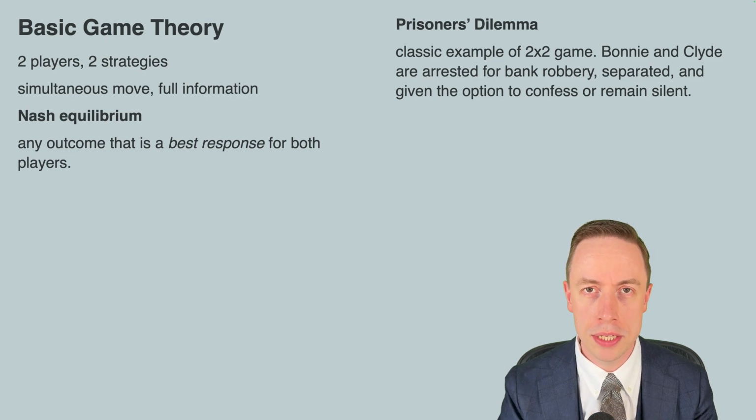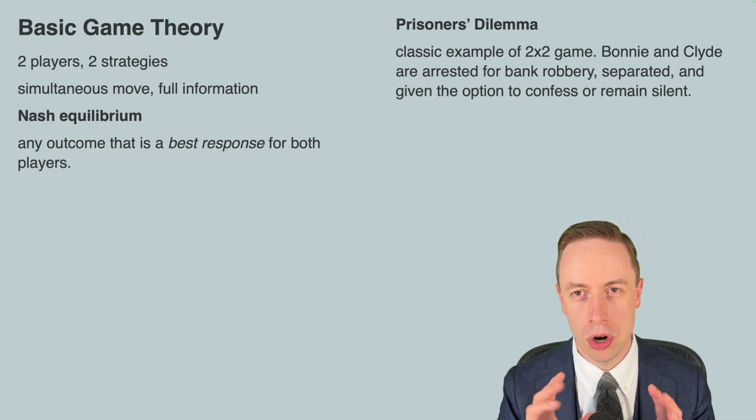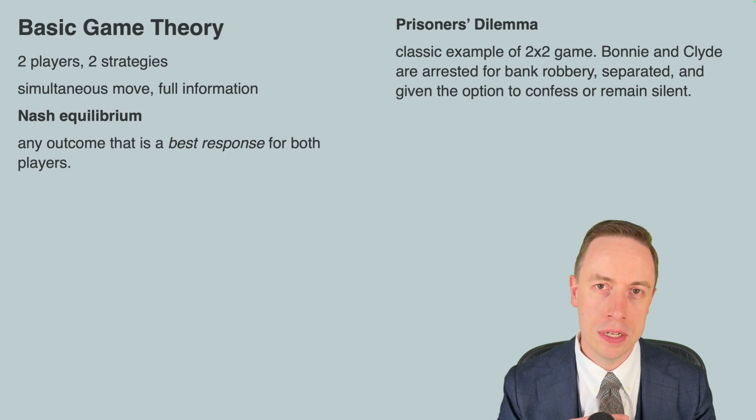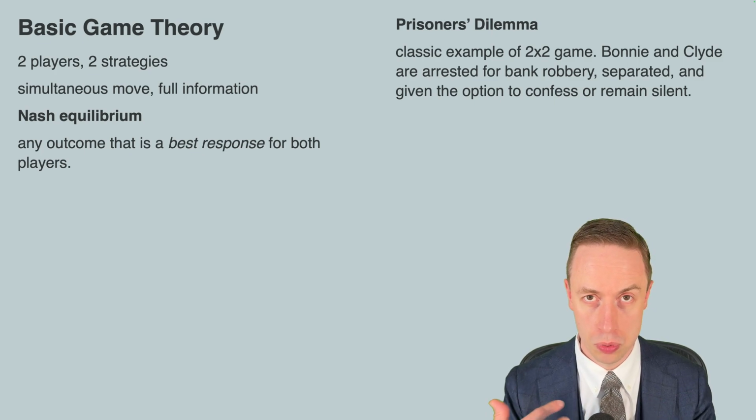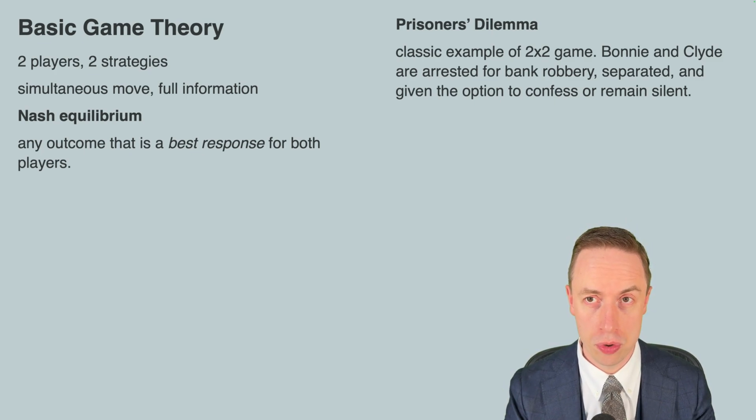And to introduce you to it, I will tell you about the most classic game of them all, the so-called Prisoner's Dilemma. The Prisoner's Dilemma is a game that speaks to a conflict between individual and group incentives. There isn't always a conflict between individual and group incentives. Sometimes if you do what's best for yourself, it's actually also great for the group.